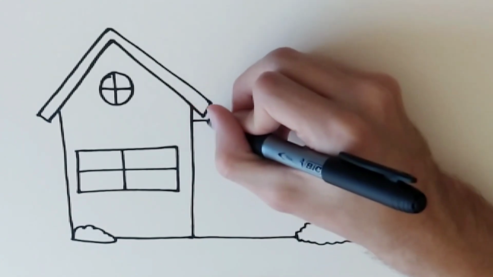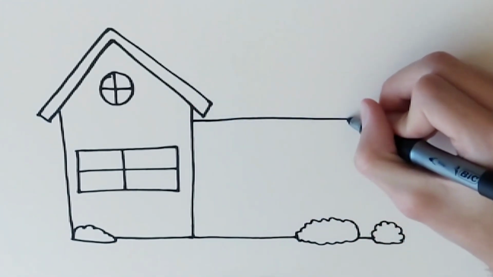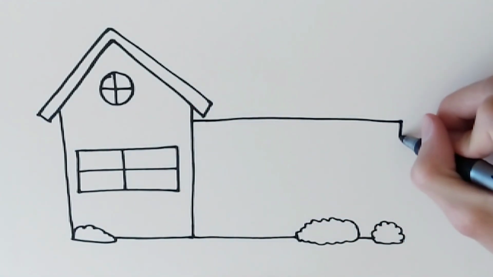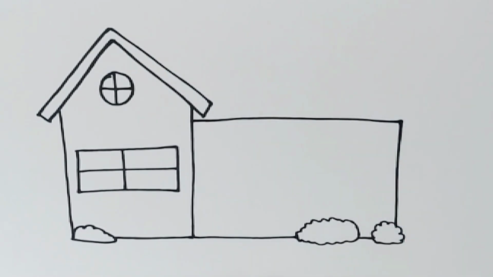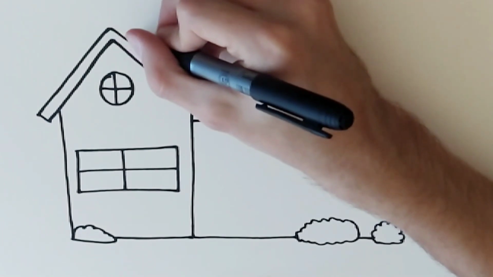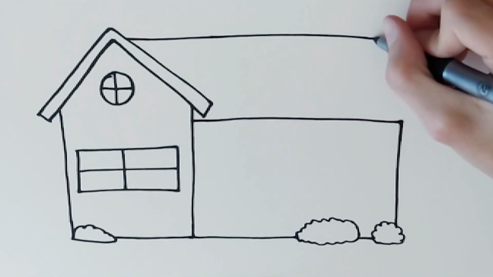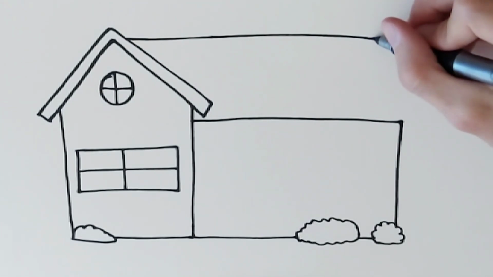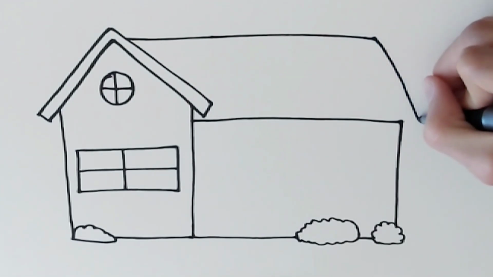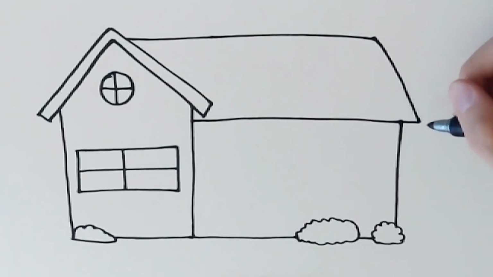Next step, you draw this line and down. Good job. Go ahead. Draw this line and next step, you draw this line and connect. Good job.